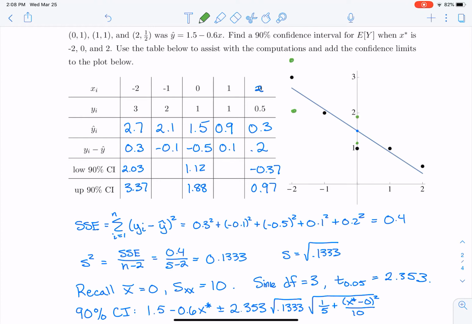And then finally, for 2, I want to go from -0.37, so maybe about there, and then up to 0.97, so about there. And if I was to fill in some more points, my interval would kind of look like this.